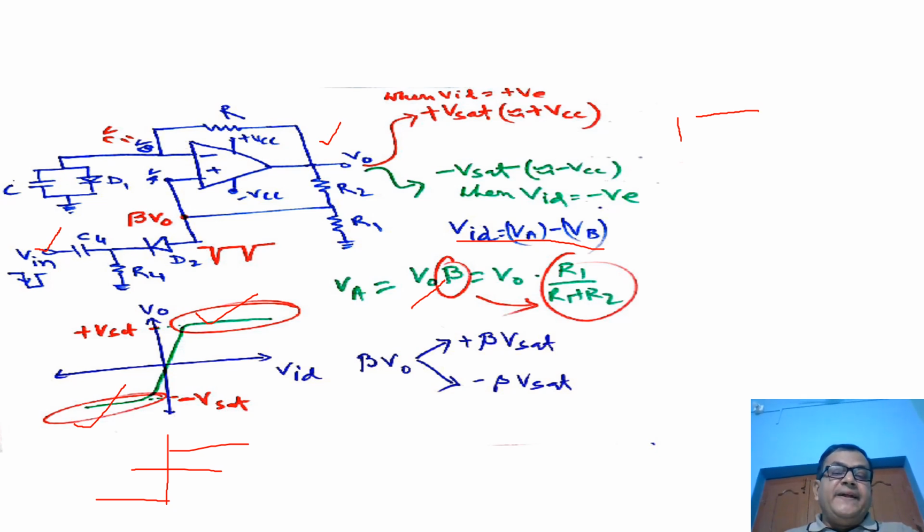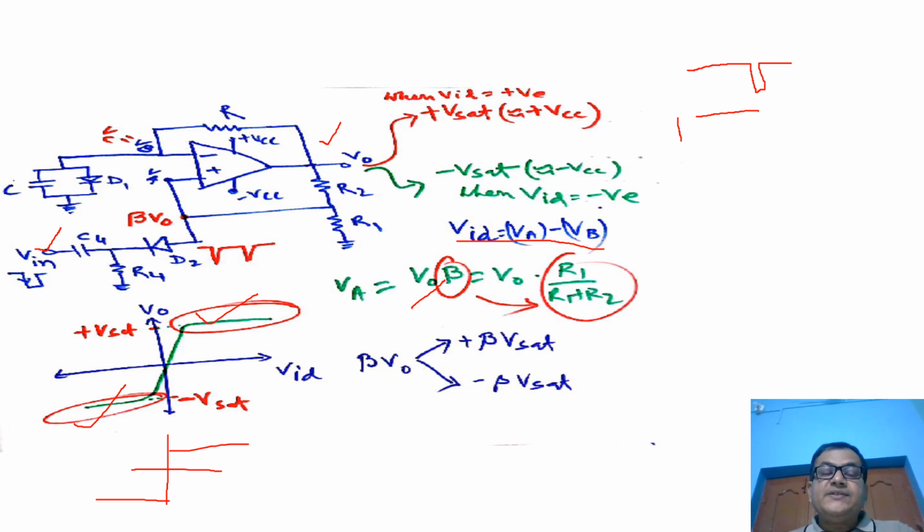Now to change the state from 1 to 0, let us apply a negative going trigger pulse. At this position we are applying one negative going trigger pulse like this. The value of this negative going trigger pulse should be capable enough to make this VID negative. That is the important point.